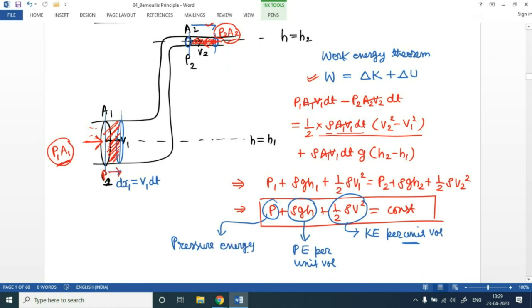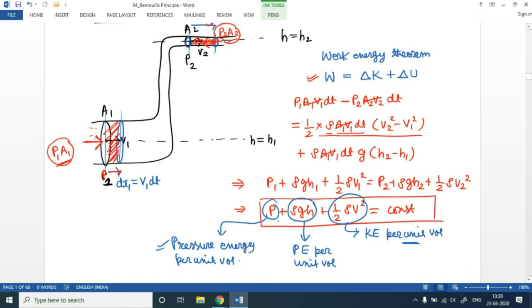energy per unit volume. So in other words, this work energy theorem is also the principle of conservation of energy if we treat the pressure energy. So the sum of pressure energy plus potential energy plus kinetic energy per unit volume is going to be constant with respect to time and position over here.